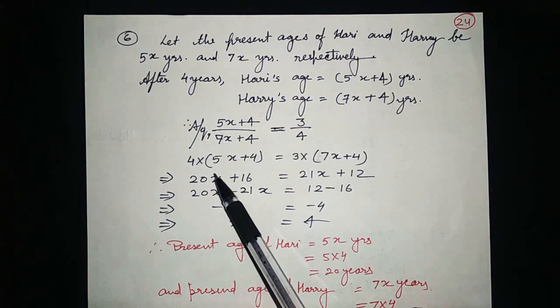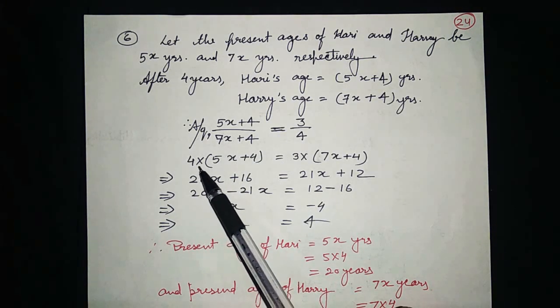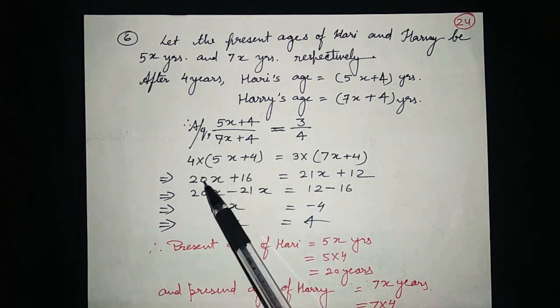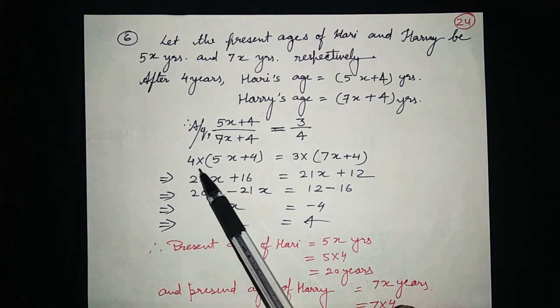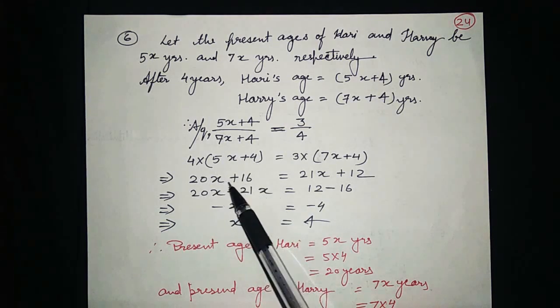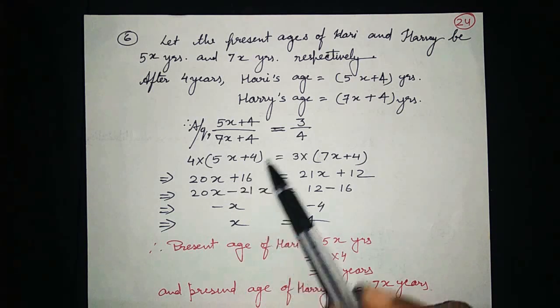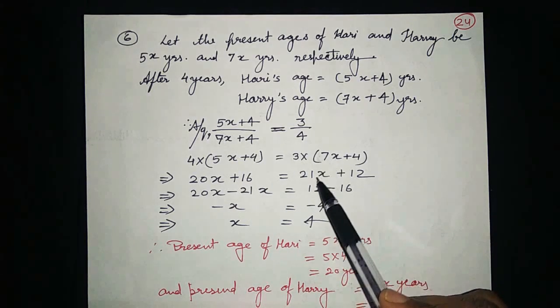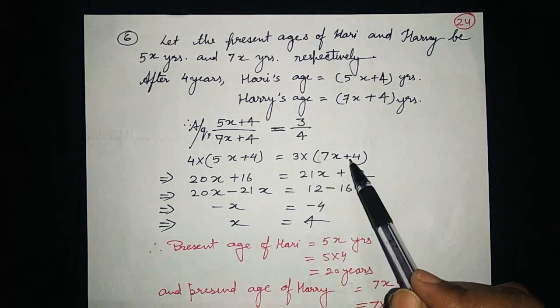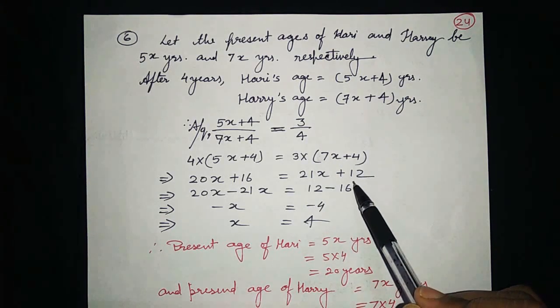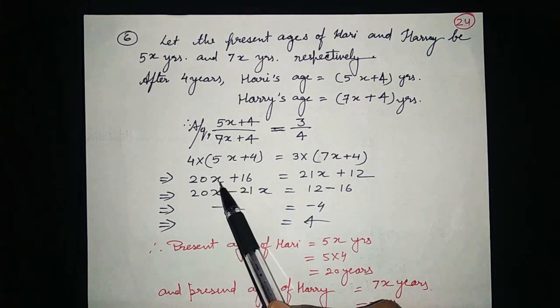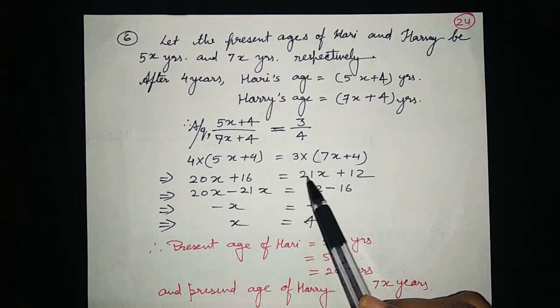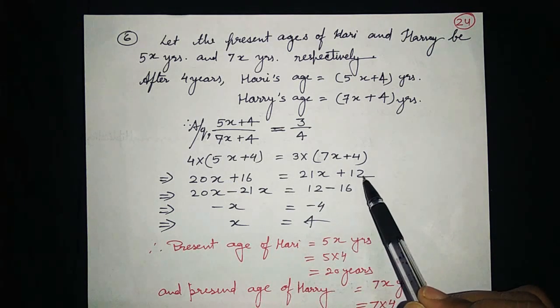On the left hand side we get 4 into 5x, 20x, plus 4 into 4, 16. Here 3 into 7x is 21x plus 3 into 4 is 12. Now the equation is 20x plus 16 is equal to 21x plus 12.